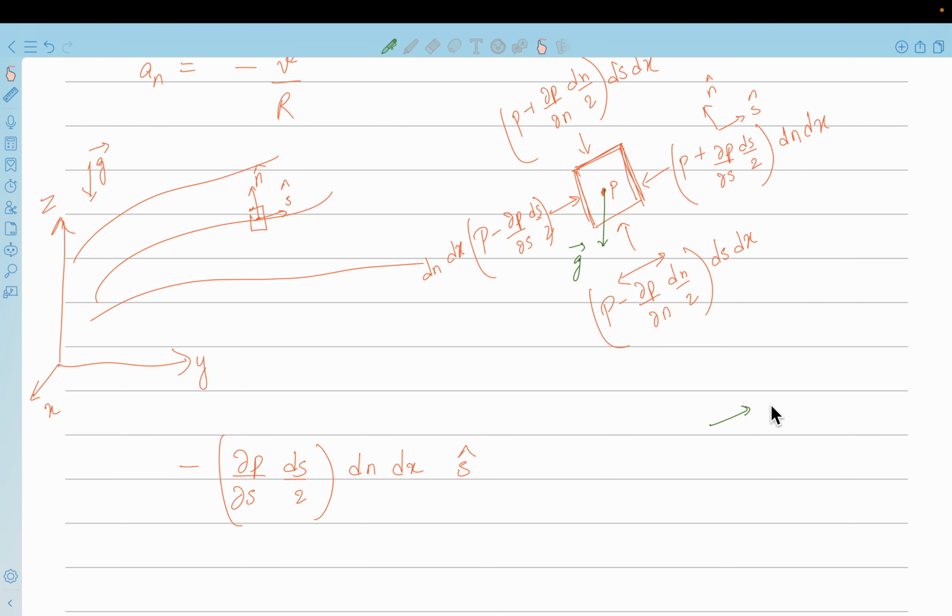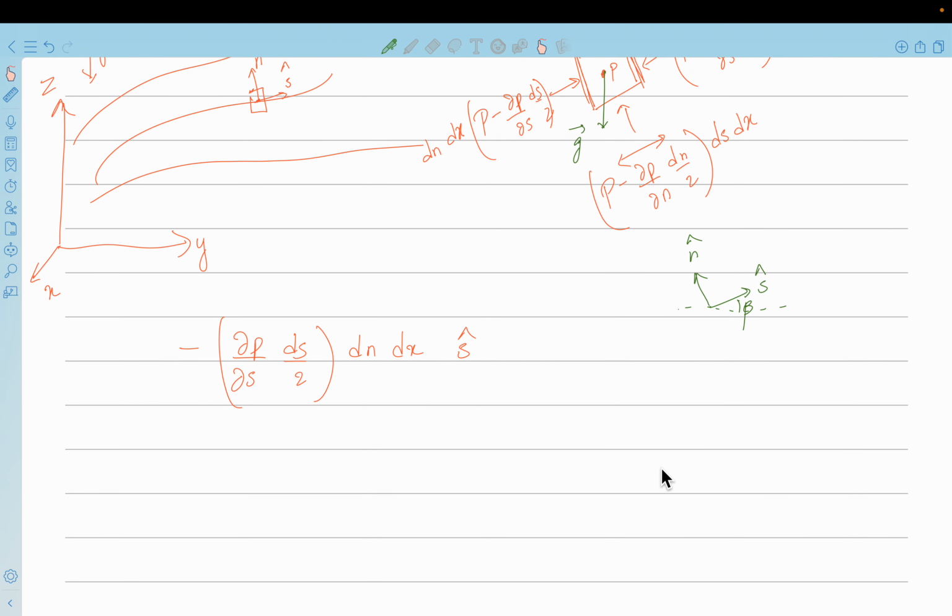So if you consider that s cap is at some angle, and similarly you have n cap, let's call this angle beta. How will you write the gravity force now in the s cap direction? This gravity force which was acting in this direction, you will have to split it here and here. If this is beta, this is also beta, this is g cos beta, and this is g sin beta, and g sin beta is also acting in the minus s cap direction.